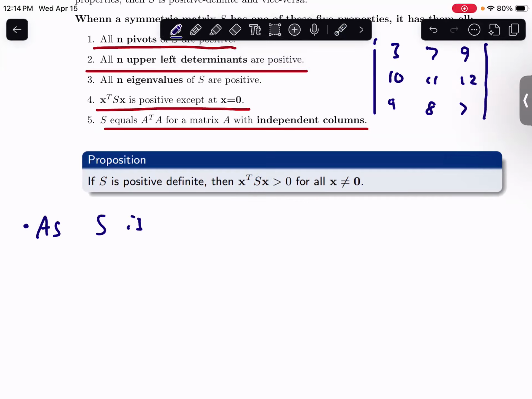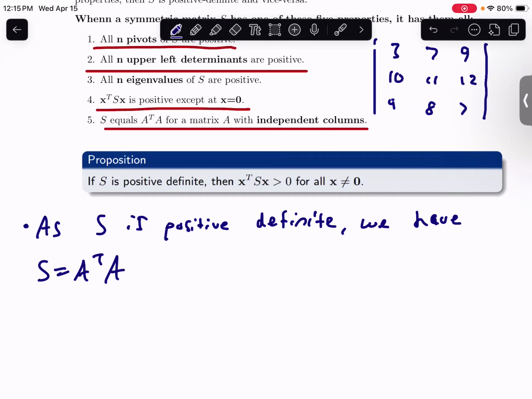So as S is positive definite, from the previous proposition, we can write out S is equal to A transposed times A. So I'm going to say by the proposition below, which really means on the next page, I suppose.